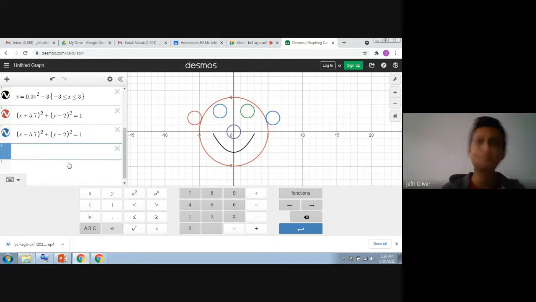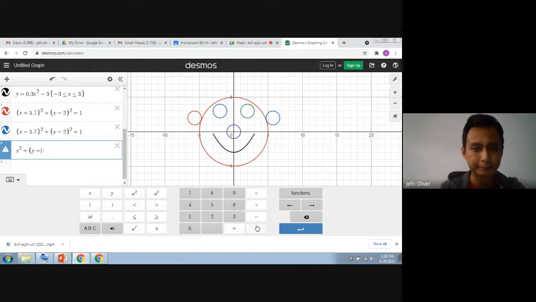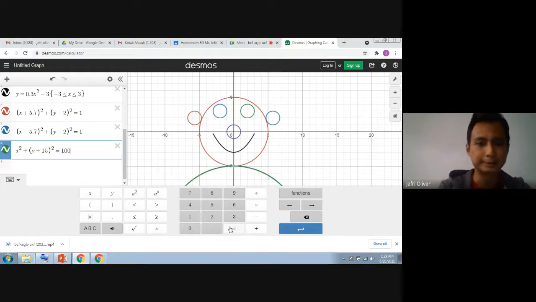So the shape of the body. At the first time I make the shape of the body, it's a circle. So I make the equation of the circle x squared plus (y plus 15) squared is equal to 100.